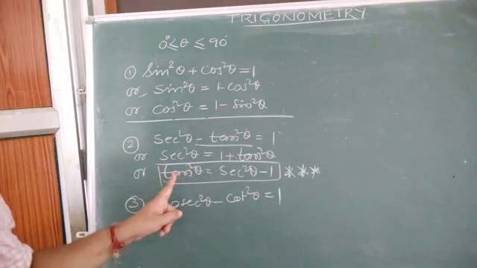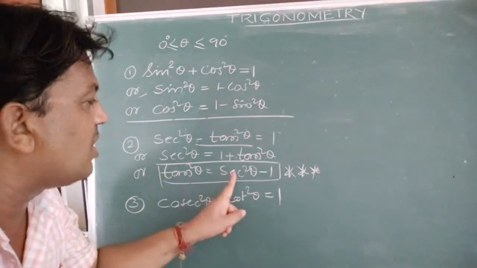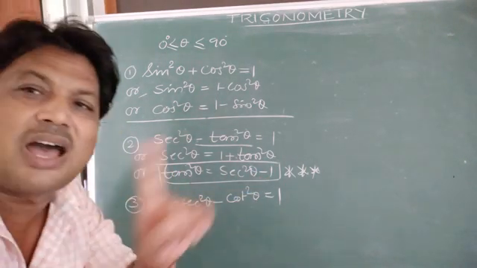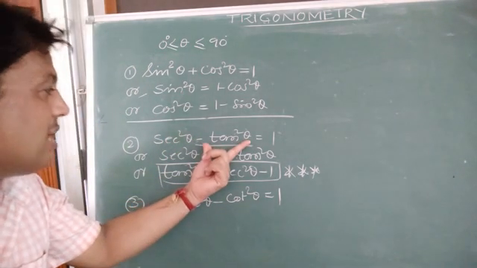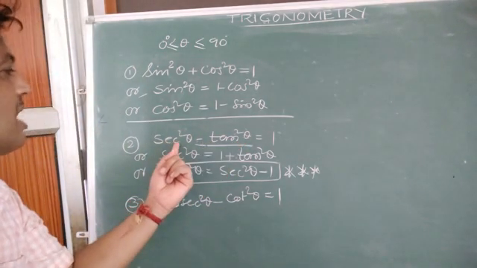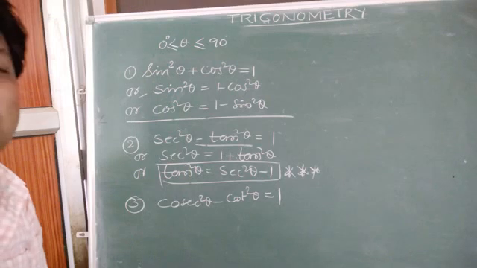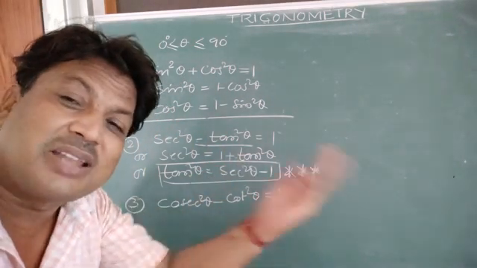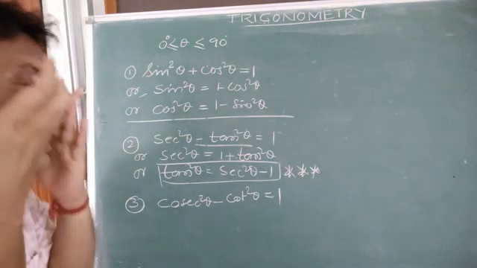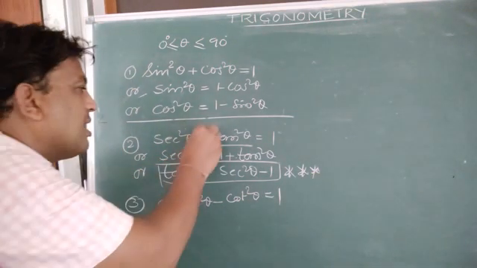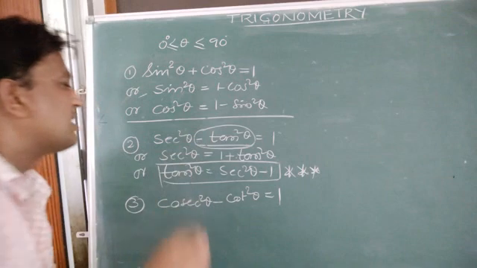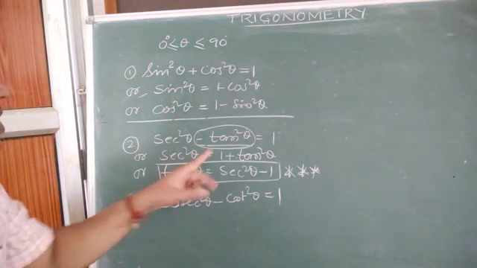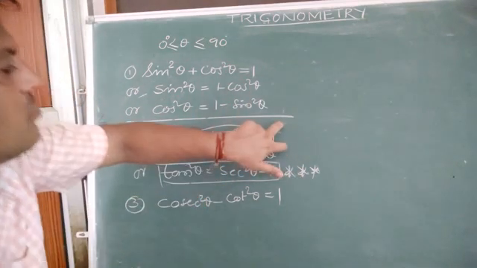Most of the students write tan square theta is equal to 1 minus sec square theta. It is wrong. This is a minus. So minus tan square theta is equal to 1 minus sec square theta, so tan square theta is equal to sec square theta minus 1, children. It's very easy. It's a minus here. That's why tan square theta goes to that side and 1 comes to this side.